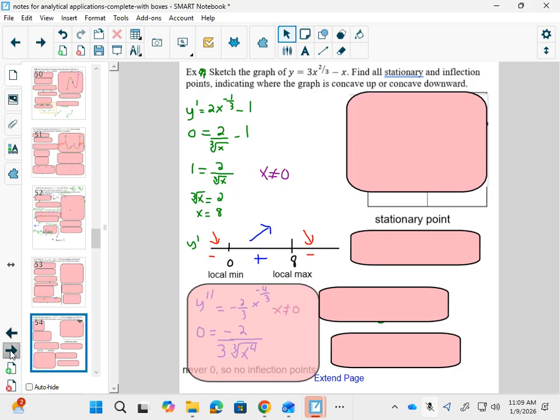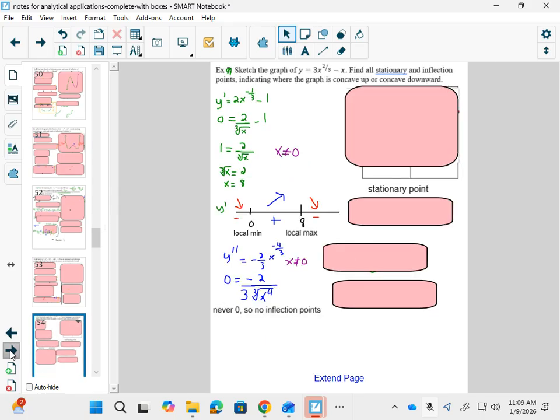Find your second derivative. And our second derivative still has a non-permissible value. See if I have it underneath here. Yes, there it is. So we still have something where we can check.